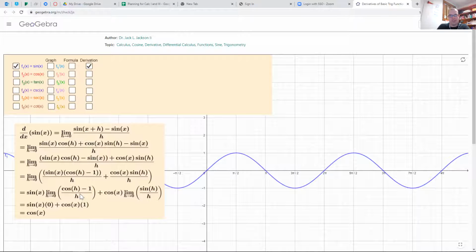And those are kind of ugly in themselves, but we could do those to eventually figure out that you get cosine of x in the end. So just using the limit definition on our original function is one very valid way to understand what the derivative actually is.